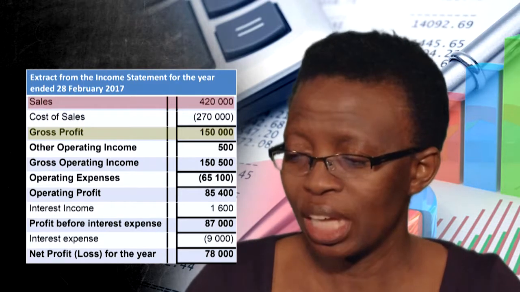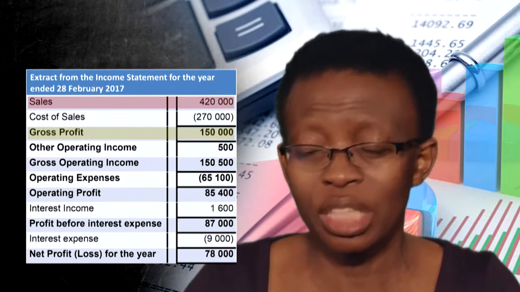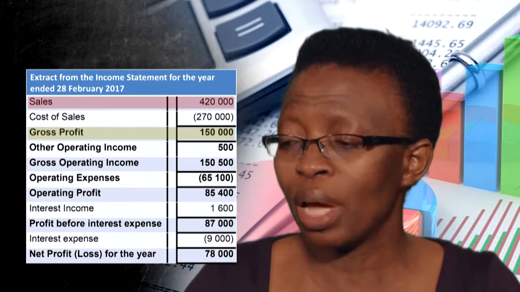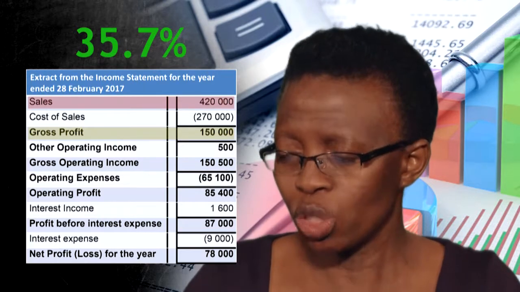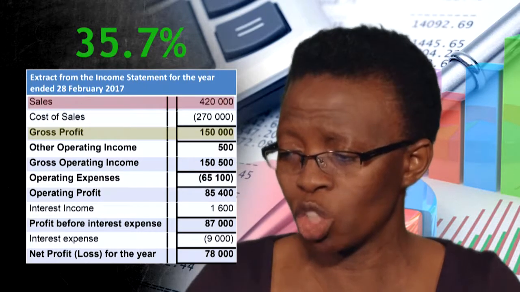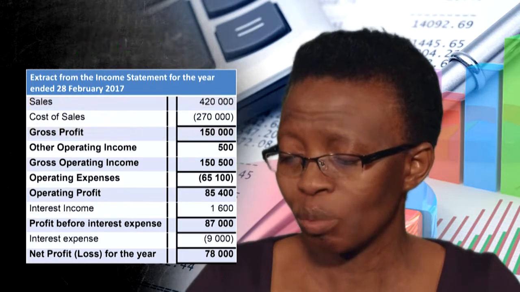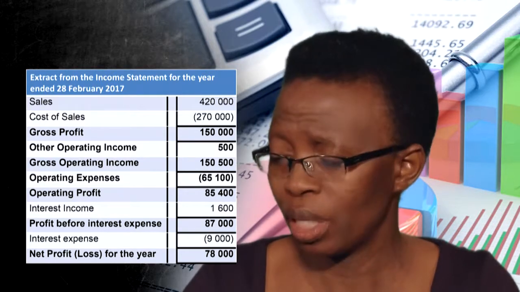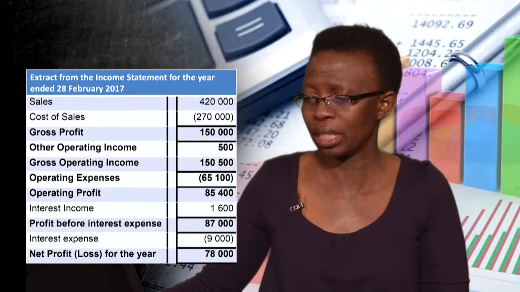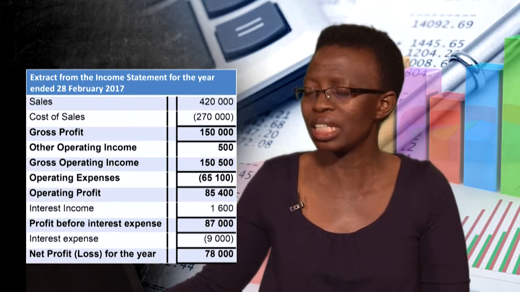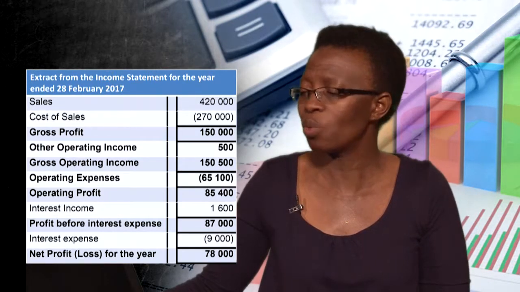Our gross profit is 150,000 Rand on 420,000 Rand, multiplied by 100 divided by 1, and this gives us 35.7%. Should the owner be happy with the gross profit for this year? No, the owner should not be happy. The gross profit on sales for the previous year was 50%, and for 2017 it is 35.7%. Therefore, it has declined, and we cannot be happy.